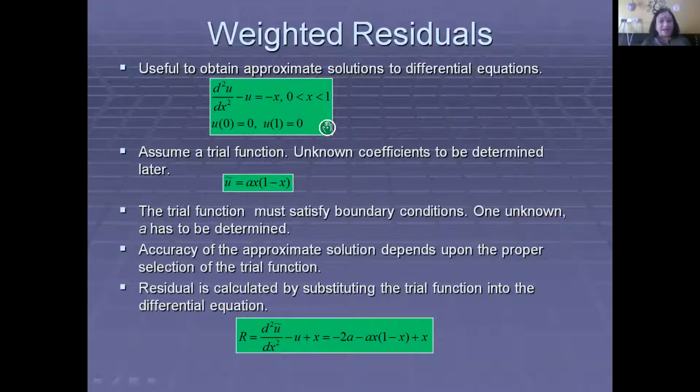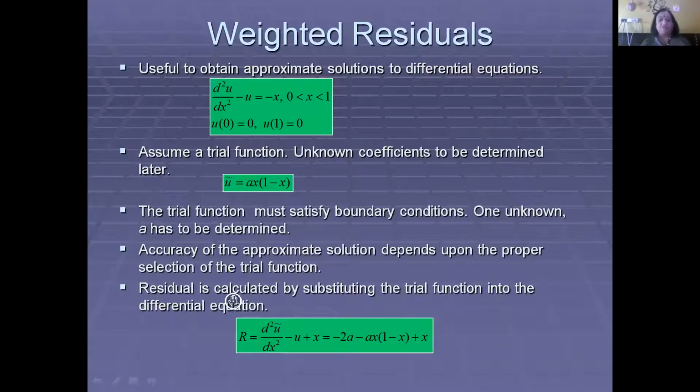We understand that the trial function u tilde does not satisfy this equation exactly, and therefore if I put u tilde in this equation with all the terms on the left-hand side, I am not going to end up with 0 on the right-hand side. There will be a non-zero value on the right-hand side, and this is called the residual.